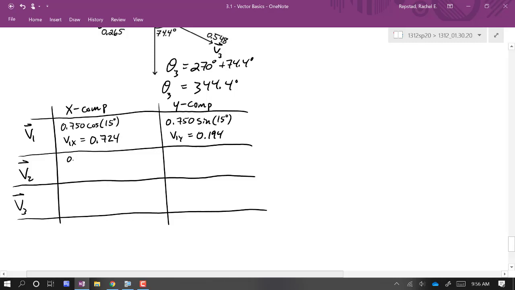For V2, 0.265, and the angle is 192.4. And for the third vector, 0.548, and the angle is 344.4.